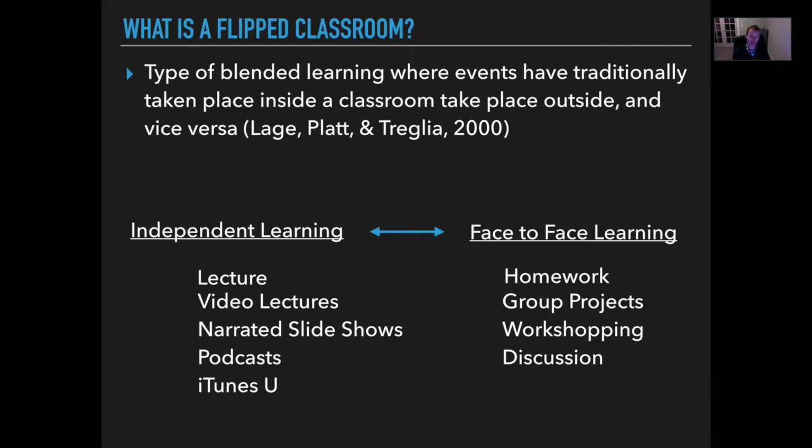So these are the same kinds of assignments often that students would do after the fact, but we have them do it in class with us there so we can help provide support and encouragement and maybe help them dig a little bit deeper. Other really helpful and common face-to-face learning activities in a flipped model are using group projects or deeper discussion time so that we can take that information the students went over and dive a little bit deeper.